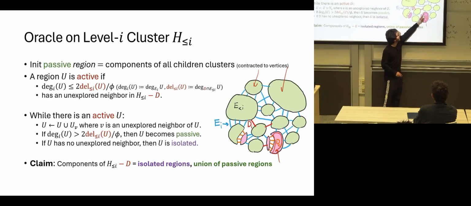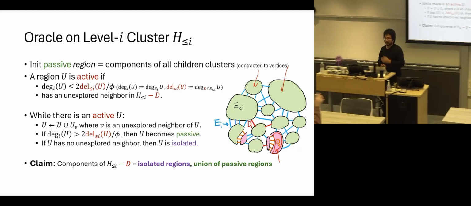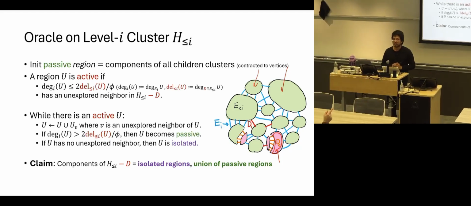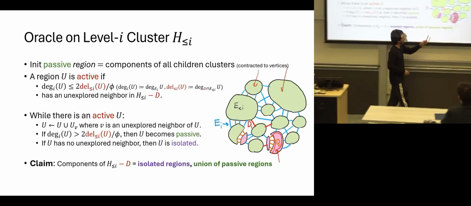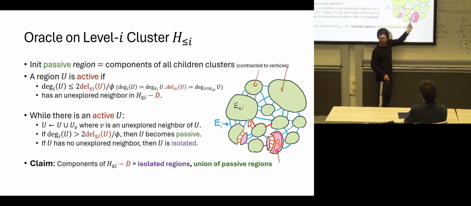You can see now that it makes sense to count deletions from the level below too, because the deletions from the level below might separate things. So you had better explore from the component if it is incident to a lot of deletions from the level below. But we're still treating those two components as separate regions. Initially, these things are separate regions.